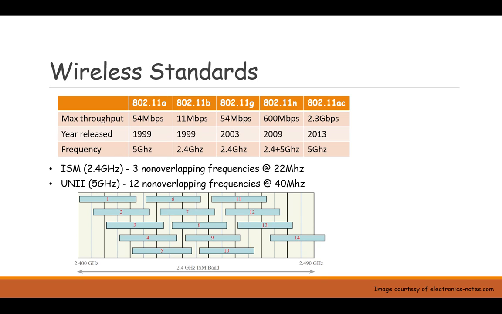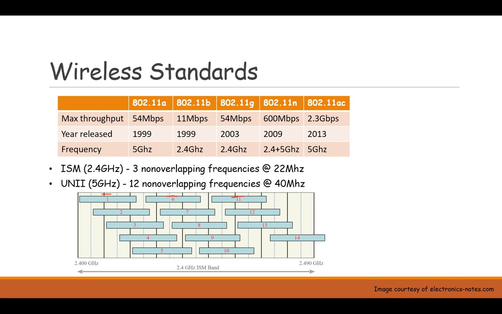The ISM band at 22 megahertz wide channels offers 3 non-overlapping frequencies. These are often referred to as channels. In the graph at the bottom here, we see where each channel resides in the ISM band. The 3 channels at the top, 1, 6, and 11, are the primary channels that do not overlap.